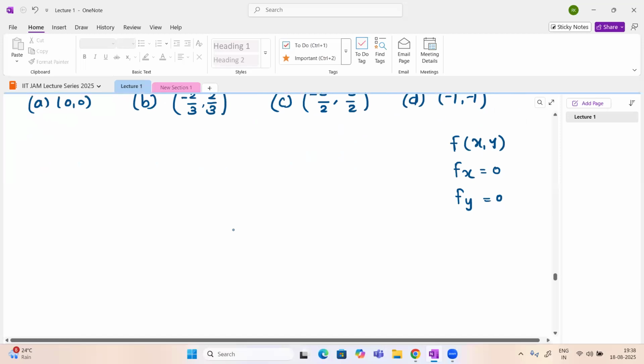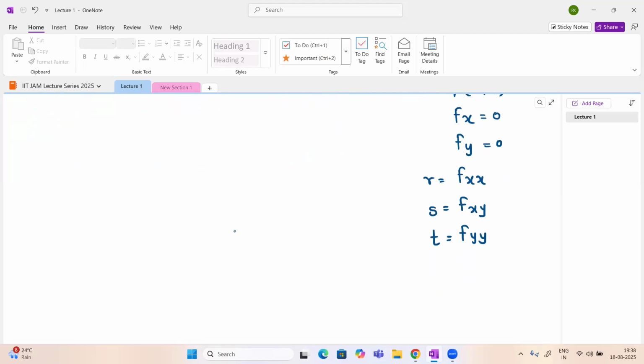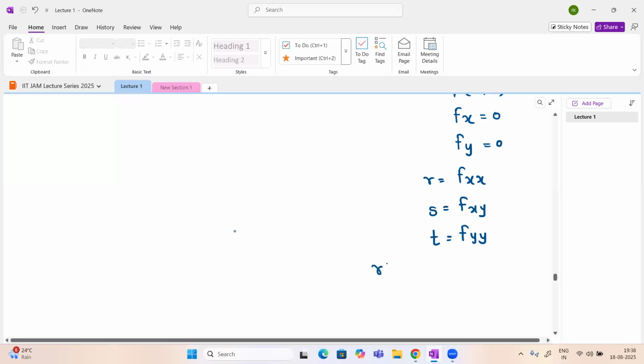The next task is to find whether the function has maxima or minima. For that, we find the second order partial derivatives, fxx, fxy, and fyy. For simplicity, I will denote them by R, S, T. There will be several cases. If RT minus S square is positive and R is positive, then what do we get?